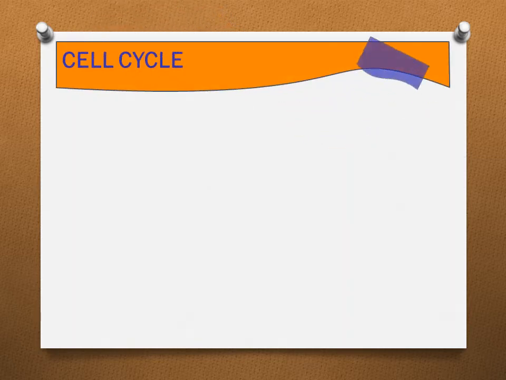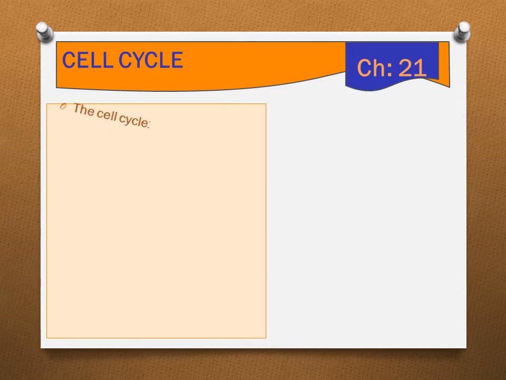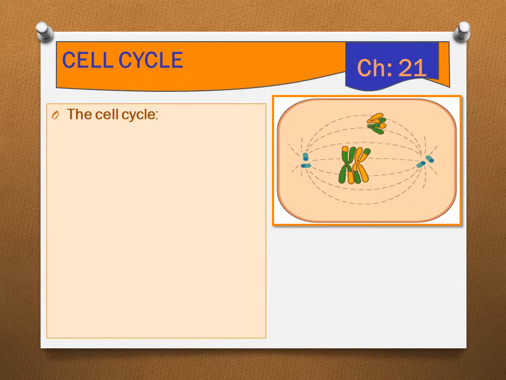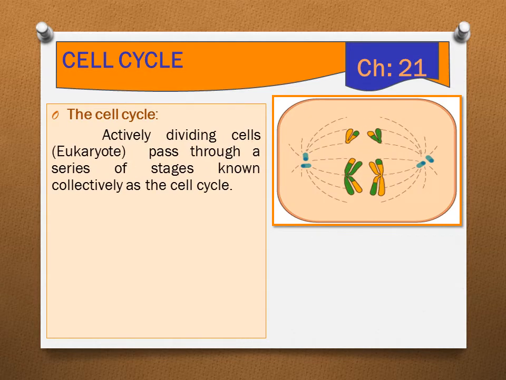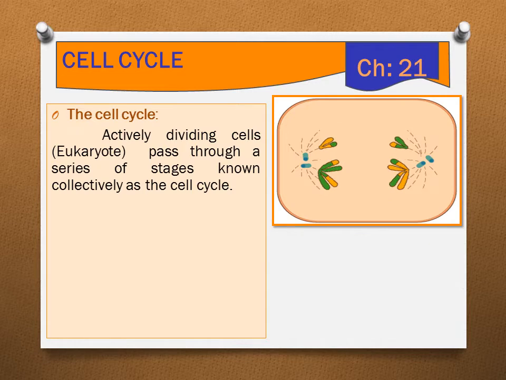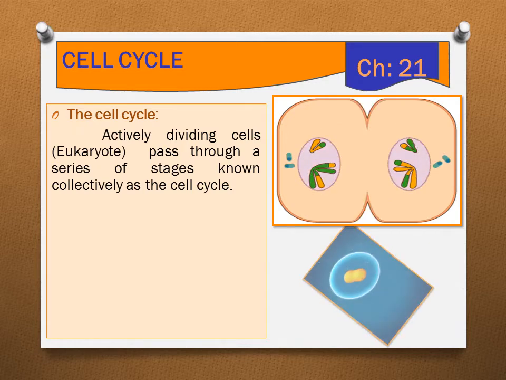Cell cycle. In this chapter, we study the two main types of cell division, which are mitosis and meiosis. First we discuss the meaning of cell cycle.